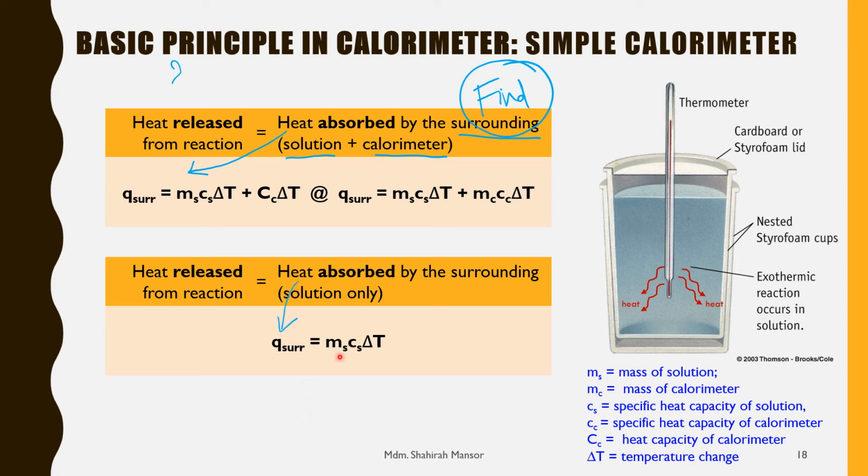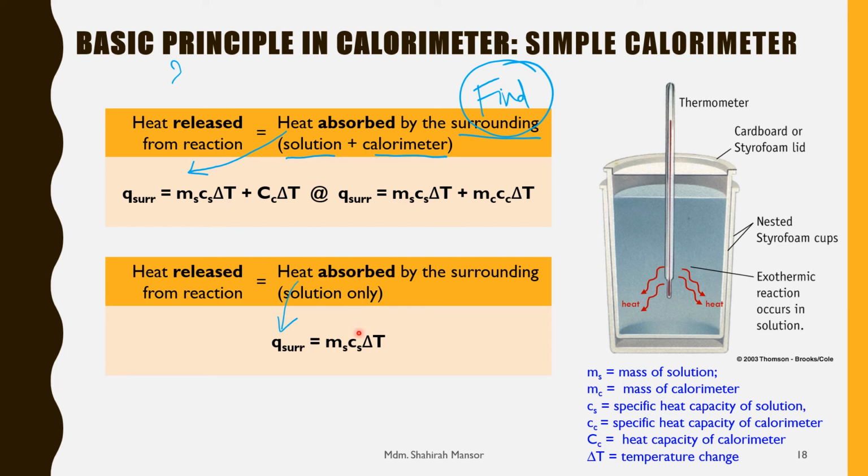Okay, that is M solution, mass of solution times specific heat capacity of the solution times delta T. So the first option, the first formula here, is to be used sekiranya kita ada solution and calorimeter sebagai surrounding. Dan formula yang kedua akan digunakan sekiranya kita hanya ada solution sahaja sebagai surrounding.